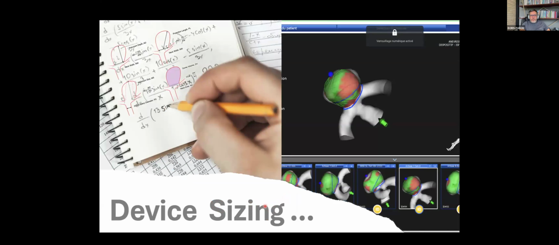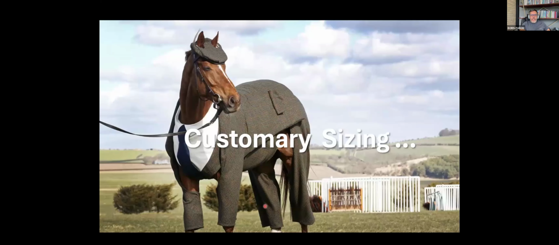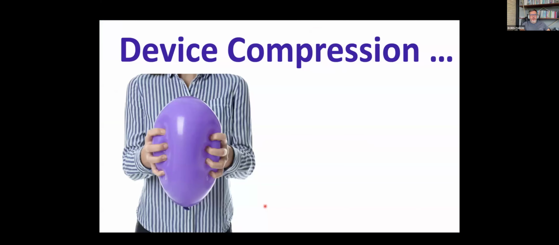Regarding the device sizing, many times you don't have the technology or you don't have the software to do that. But the classical approach using your different measurements in different projections works really well. Take the time to do that. But probably with the intrasaccular technology in the near future, a customary sizing would be necessary.